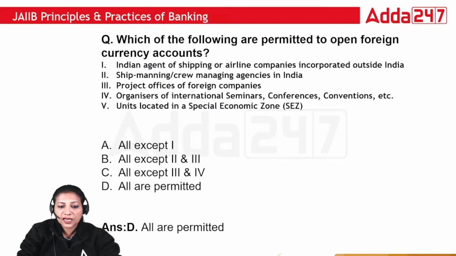And as we have seen, the right answer is all are permitted. So these organizations, and there are a few more, are allowed to open foreign currency accounts because they have regular transfer of money from one country to another. So RBI has allowed them, and in these also there are a few permitted credits and debits.